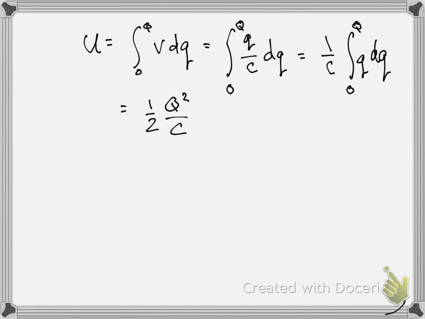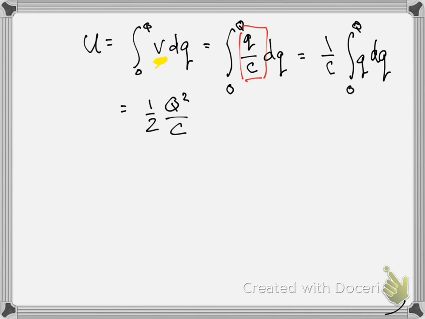So now I'm going to integrate that quantity. I've written it all out here, but take it one step at a time. U equals the integral of V dq as we charge it from 0 to a total charge of plus big Q. But V is dependent on Q, so we've got to write V in terms of Q. So what we've written in the next step is V is equal to Q over C. That relates V, Q, and C. Now we've written the integral in terms of Q and a constant, because C is just a constant, right?